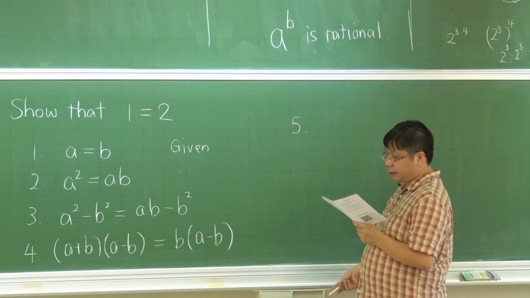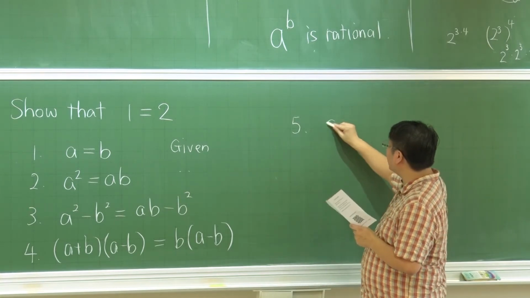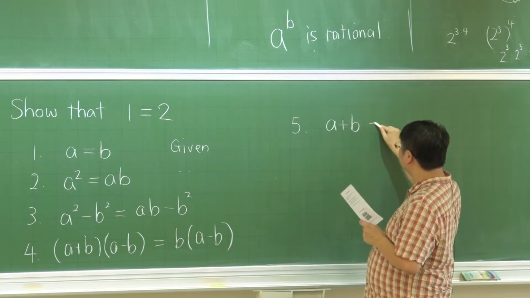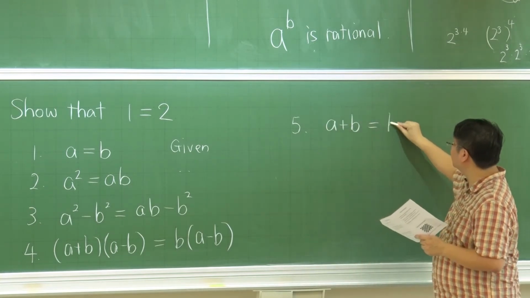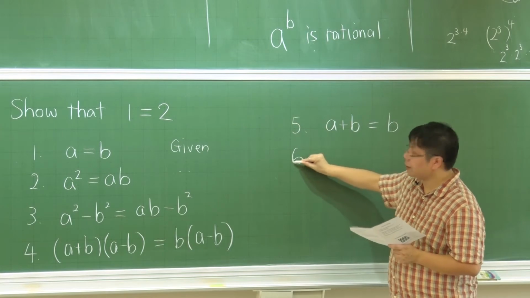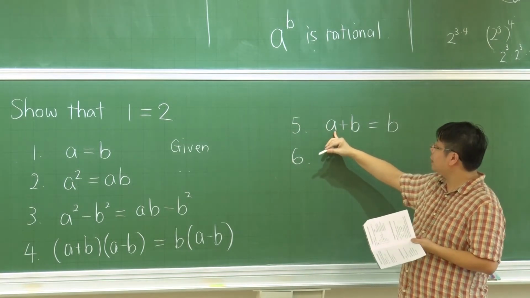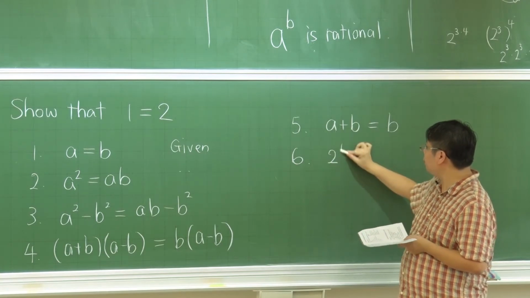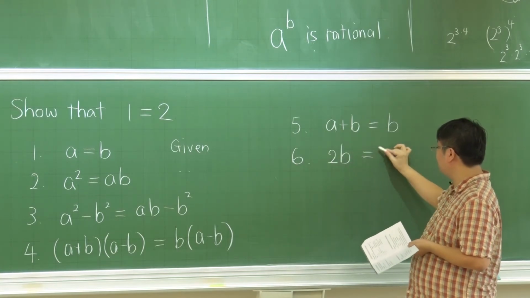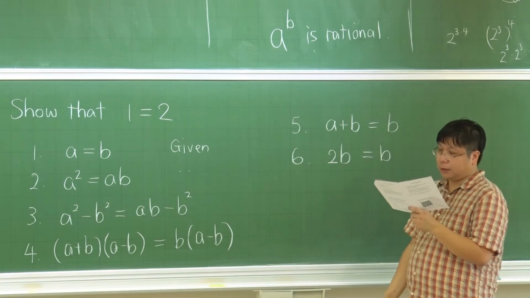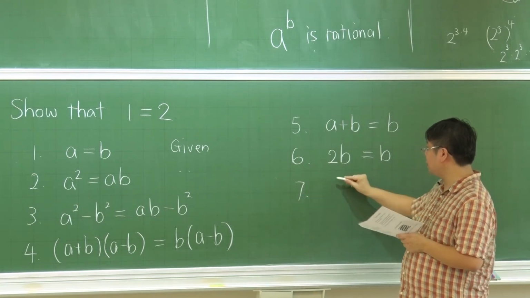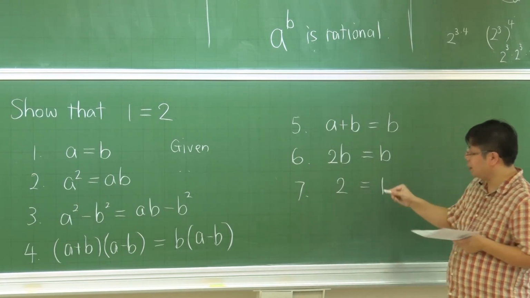We cancel the factor A minus B from both sides. So we will have A plus B is equal to B. And then at the 6th step, we use the given condition A is equal to B. So it is 2B, so B plus B is equal to B. And then the last one is we will have 2 is equal to 1.